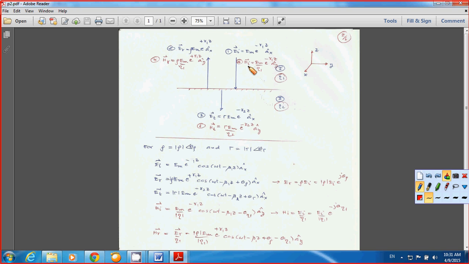Now what about the magnetic field? Well, when you have EI, you can write HI, the incident magnetic field, which has a Y component, and you use the relation E over H equal to what?